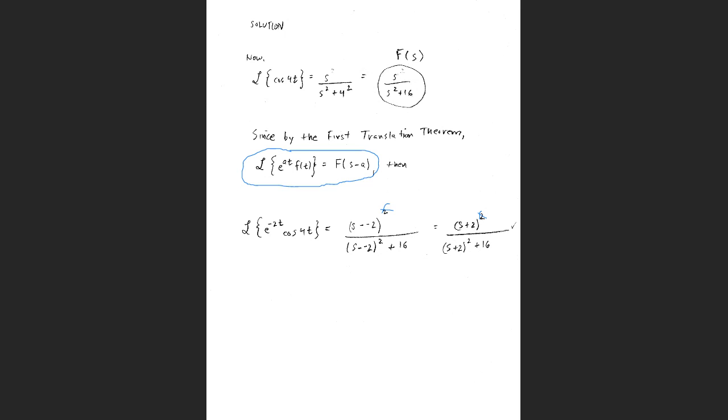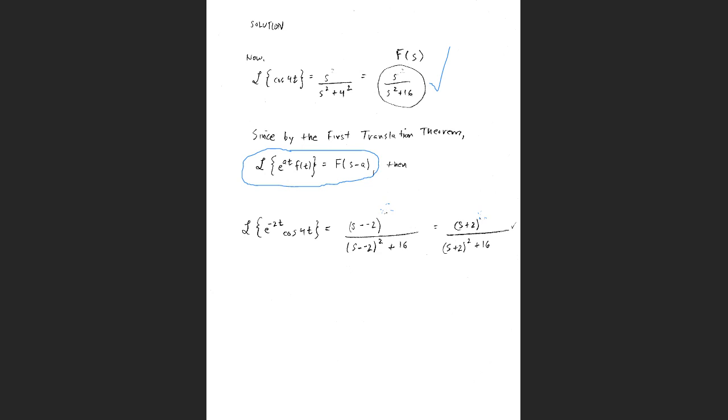Okay, and so what I'm going to do here is make an adjustment on my Laplace transform. And those squareds aren't there either, so I whited them out. So you see, the regular Laplace transform of the cosine of 4t is s over s squared plus 16.